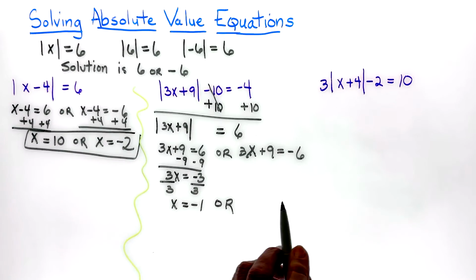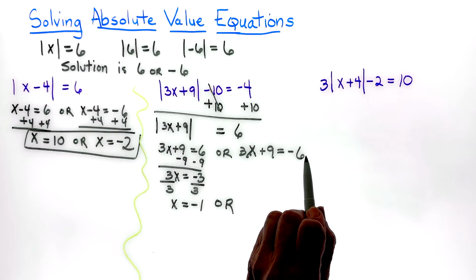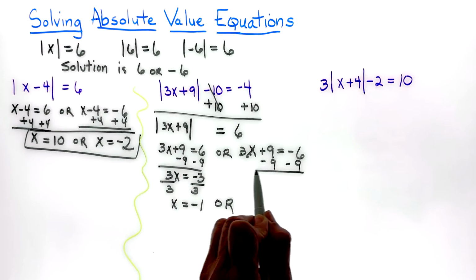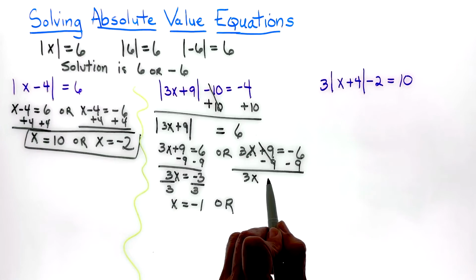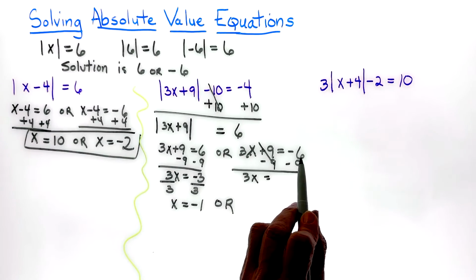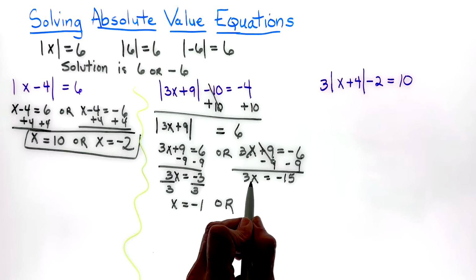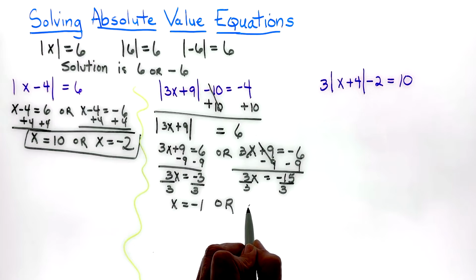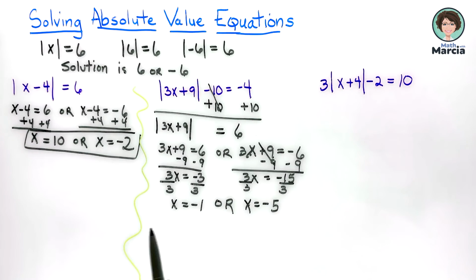Now we're going to do 3x plus 9 equals a negative 6, and I'm going to subtract 9 from both sides. So I get 3x equals negative 6 minus 9, which is a negative 15. And I'm dividing both sides by 3. And here I end up with x equal to a negative 5. Negative 15 divided by 3.